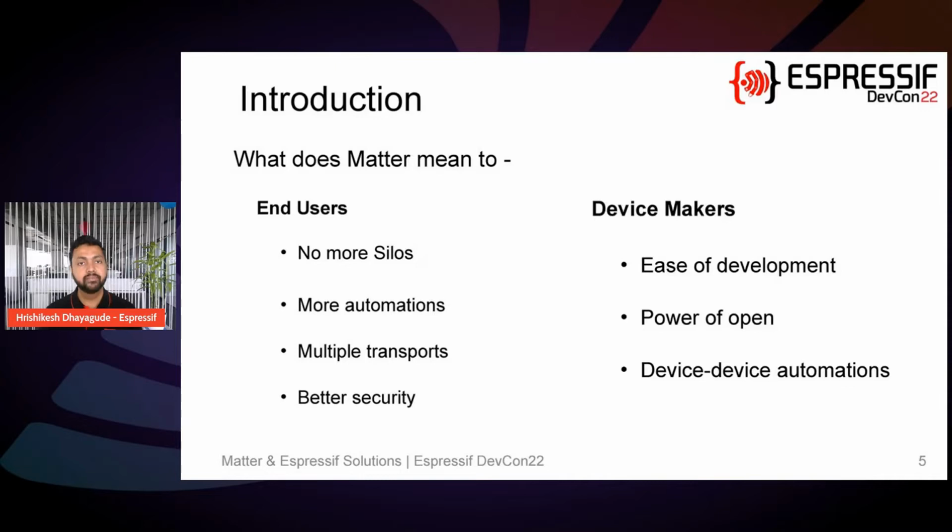More automations. Matter provides a seamless way to facilitate communication between devices in the same Matter network. For example, if you have a light switch and a light that are in the same Matter network, they can communicate with each other. Multiple transports. Matter facilitates multiple transports like Wi-Fi, Ethernet, and Thread.